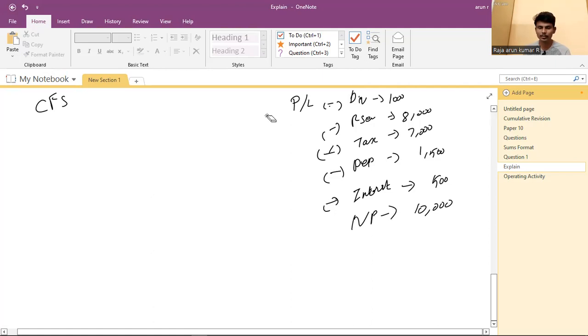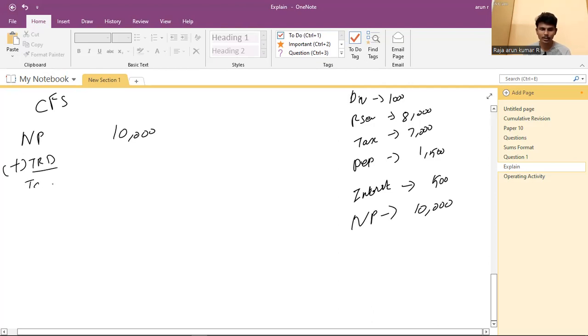In the cash flow statement we do this calculation in the reverse way. What we do? Net profit 10,000, add T or D. I tell that T or D: T for taxes, R for reserves, D for dividend. Add the T or D. Tax how much? 7,000. Reserves how much? 8,000.